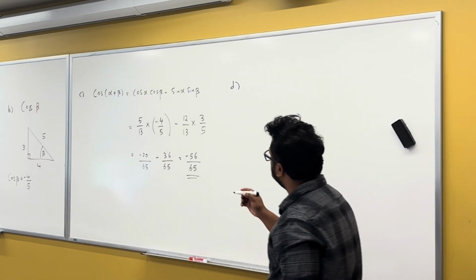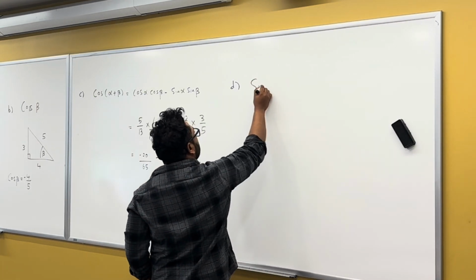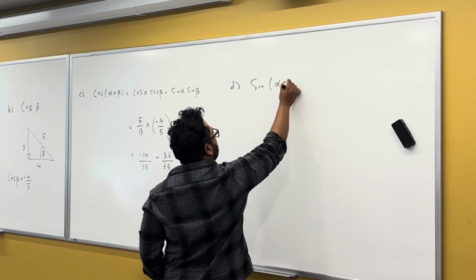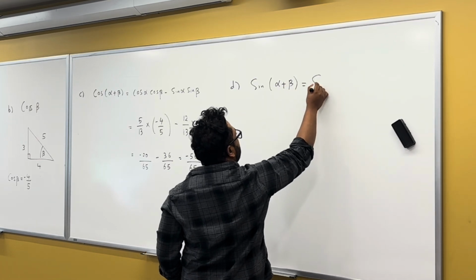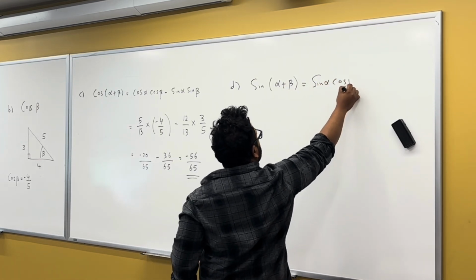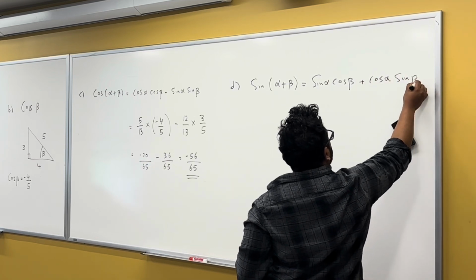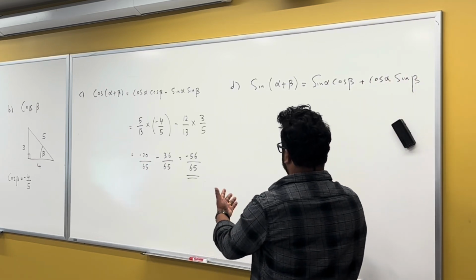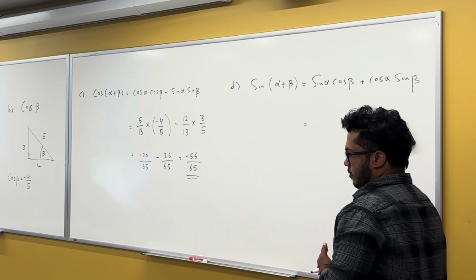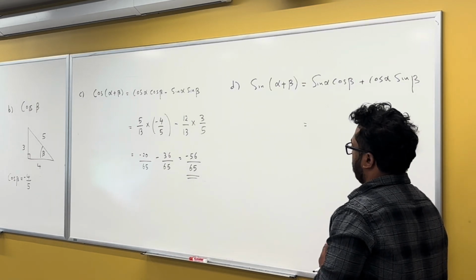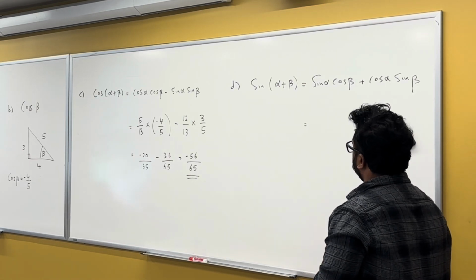Sine alpha plus beta. It's sine alpha cosine beta plus cosine alpha sine beta. That's the formula for the sum.